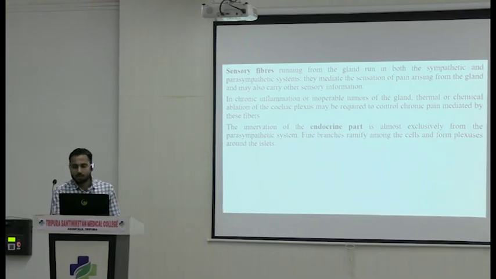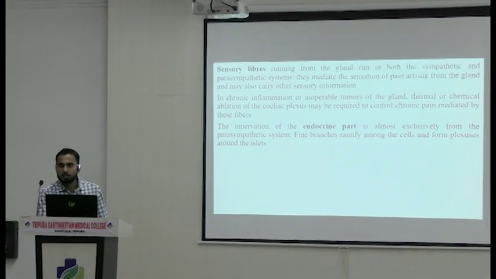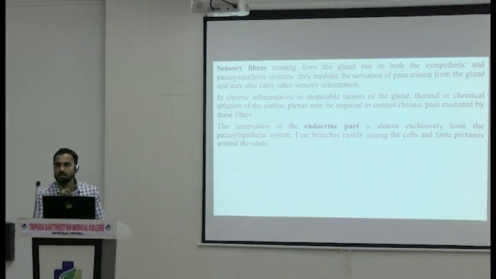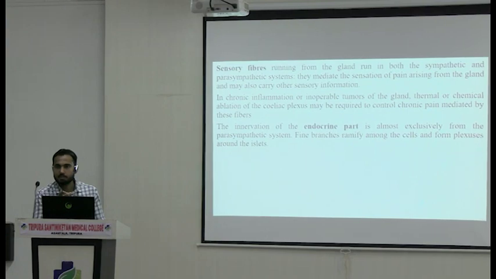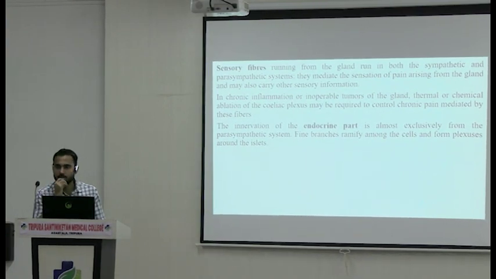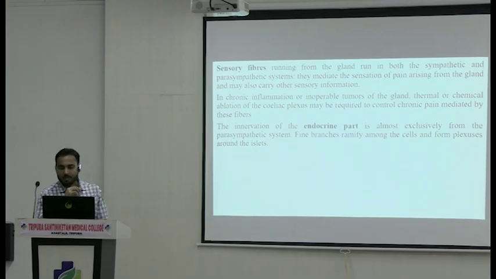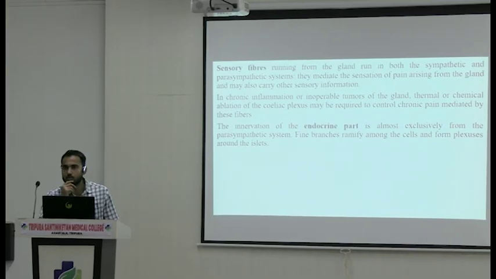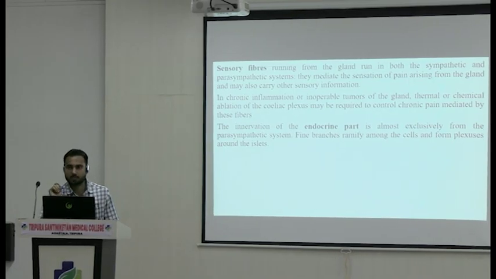Innervation of the endocrine part is mainly by the parasympathetic division. There are two parts, exocrine and endocrine, and mainly the parasympathetic division controls the endocrine part. While supplying the endocrine part, a plexus is formed around the islets, and that is called the neuroinsular complex, a structure that we'll study in the histology of the pancreas.